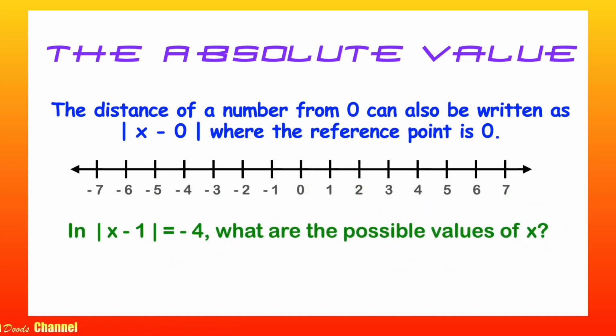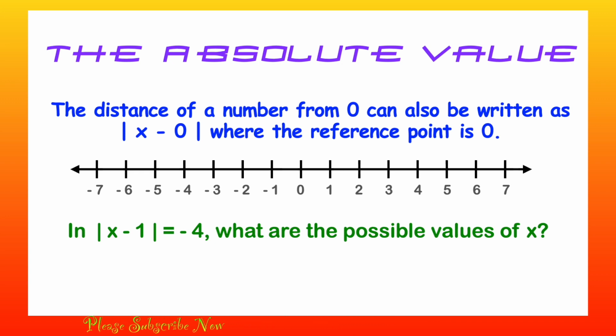In the absolute value of x minus 1 equals negative 4, what are the possible values of x? There are no possible values of x for this equation because the movement is negative.